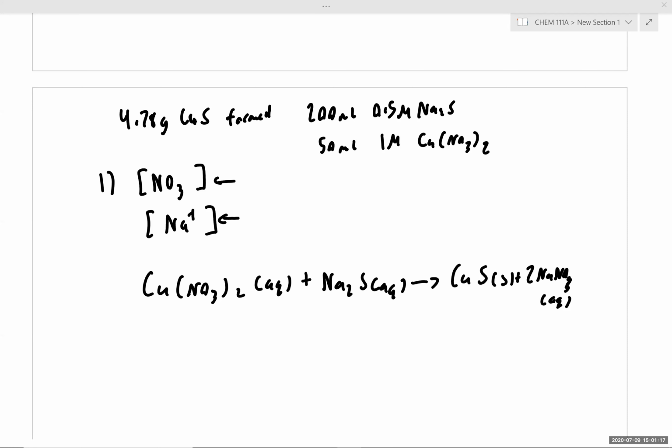And don't be shy to message your proposed response for the final concentration of nitrate and sodium plus in the solution at the end of the reaction. And we'll discuss in another 2 minutes.